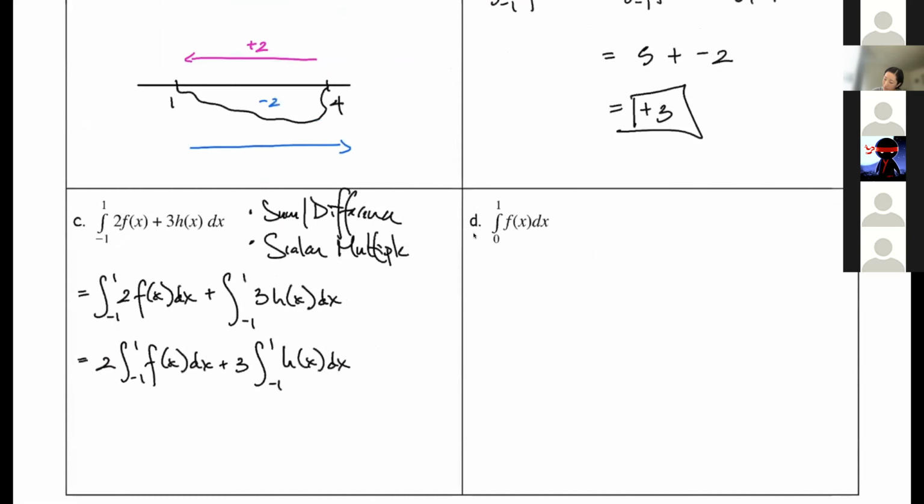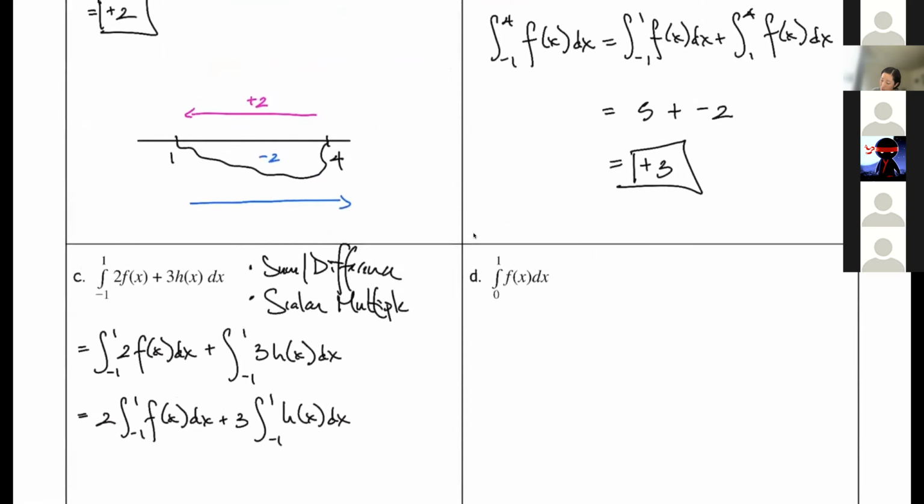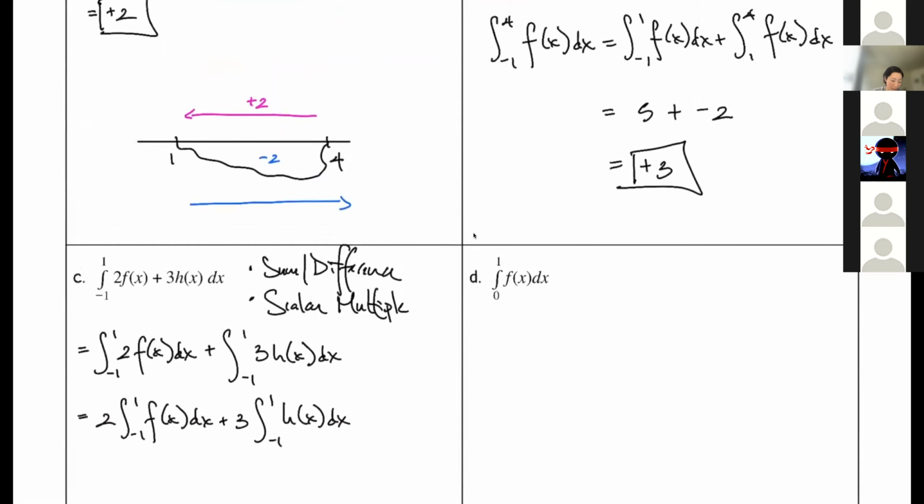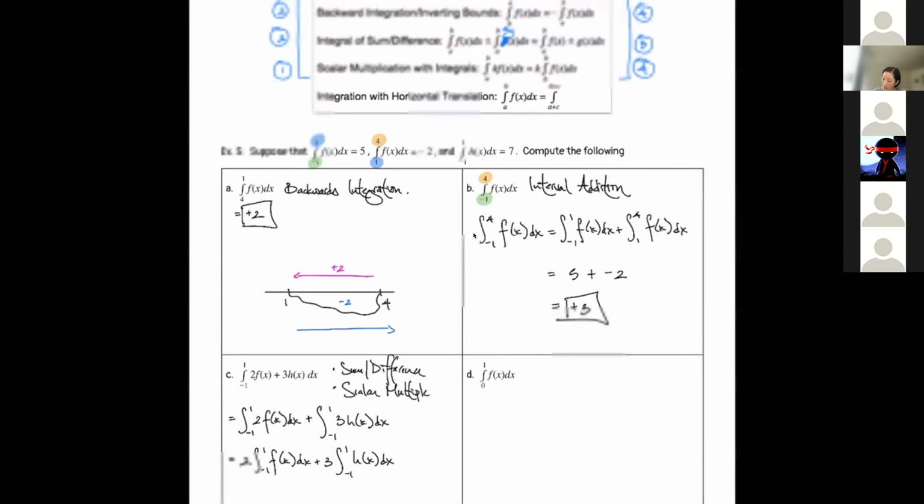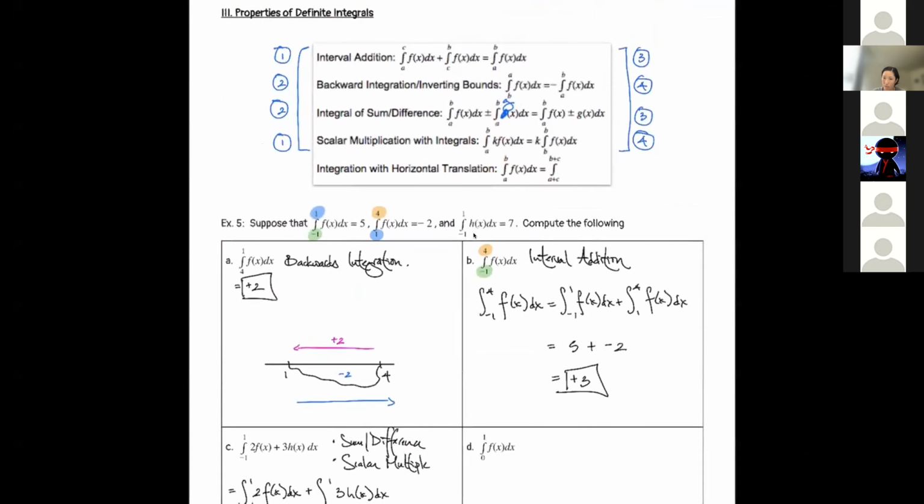All right, I would like to finish off with number D over here, from 0 to 1 of f of x dx. And looking at the list of properties, which one or ones do you think fits best for D?